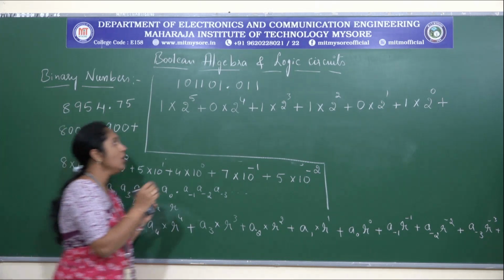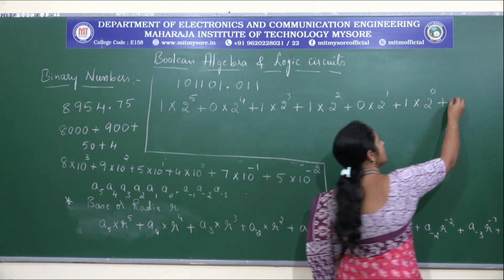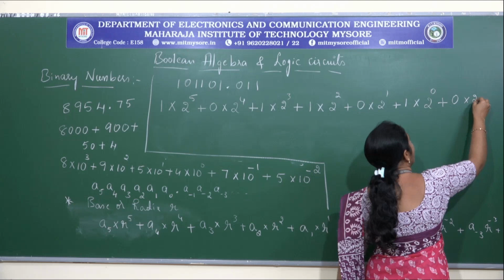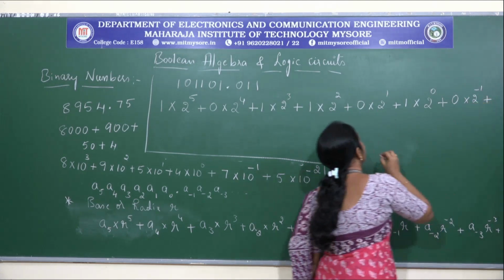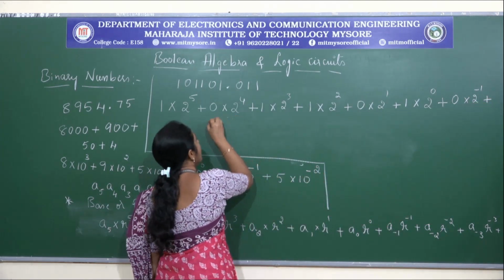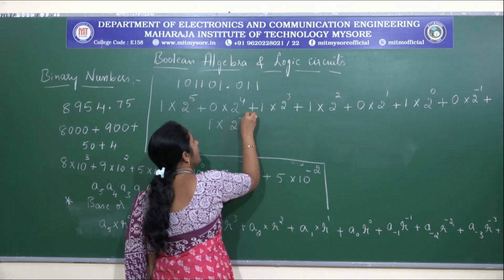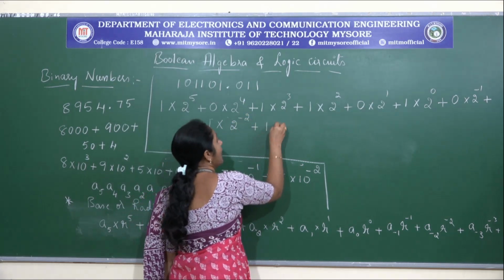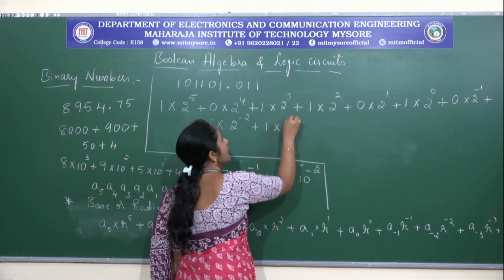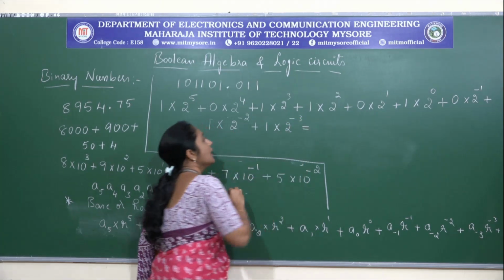So we have 0, 1, 1. So 0 must be multiplied by 2 power minus 1. Then 1 must be multiplied by 2 power minus 2. And again the last digit 1 must be multiplied by 2 power minus 3.